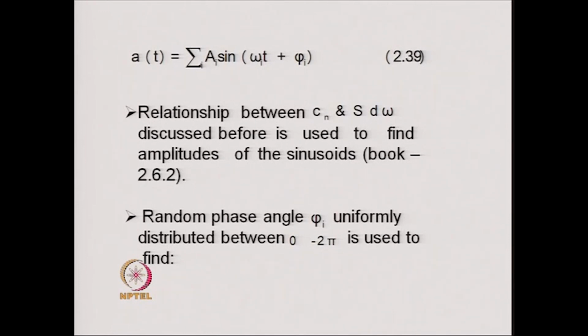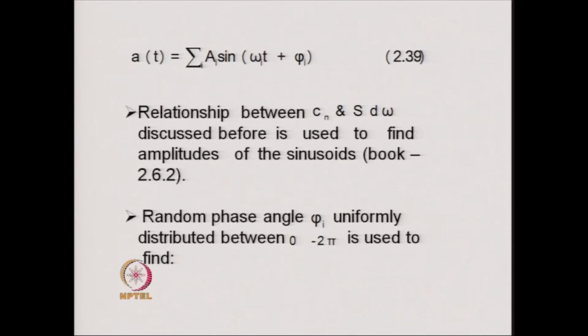So, a i basically can be obtained from the relationship that exists between Cn and the ordinate of the power spectral density function multiplied by d omega.